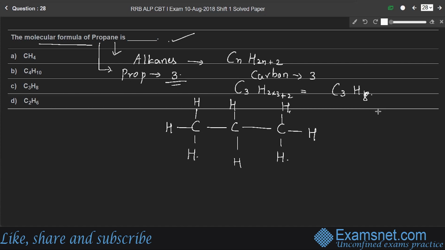Whereas for methane, it is CH4. Meth means one, so CH4 is methane. Next, if there are four carbon atoms, it becomes C4H10, which is butane.